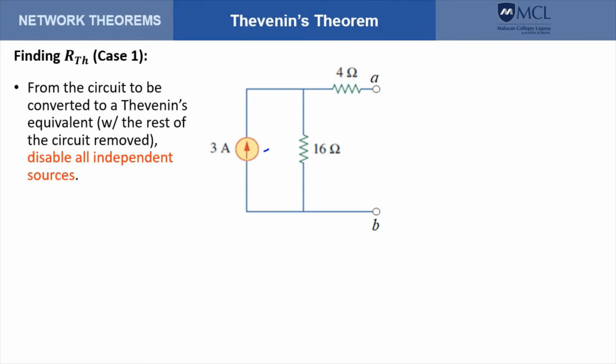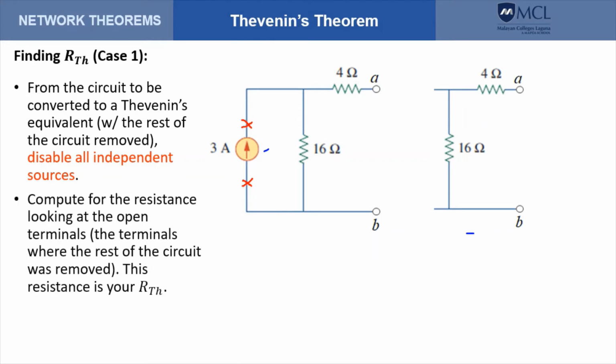So removing a current source means that we isolate it, we disconnect it from the circuit. And effectively, that means this will now be a new circuit where there are no independent sources. And then after that, we compute for the resistance looking through the open terminals.